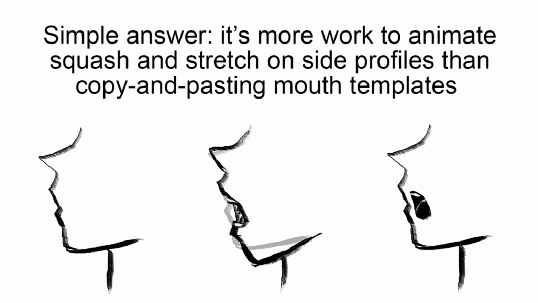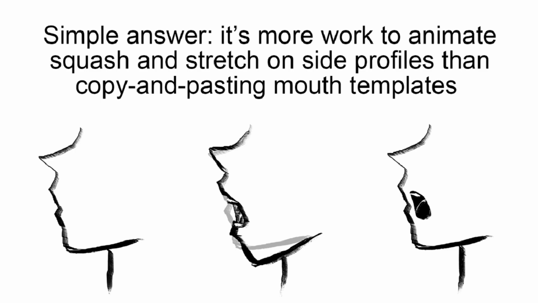So, the simplest answer that people probably would have suspected is that it's just more work to animate the squash and stretch on side profiles than to copy and paste mouth templates on the face. This is obviously for budget and labor reasons.